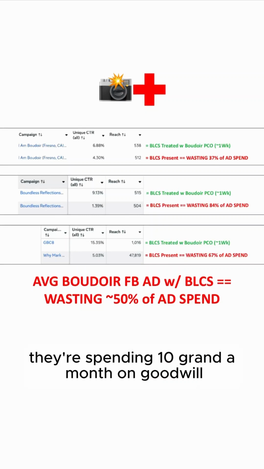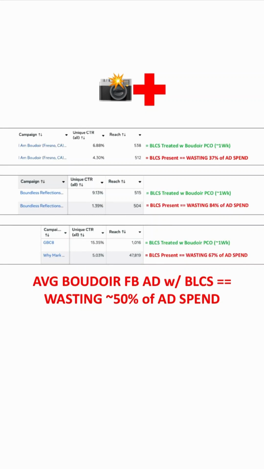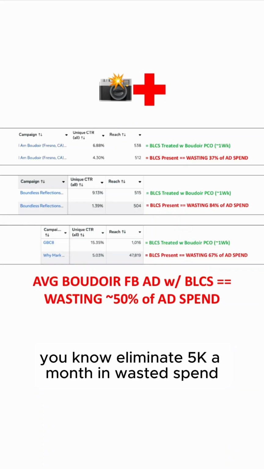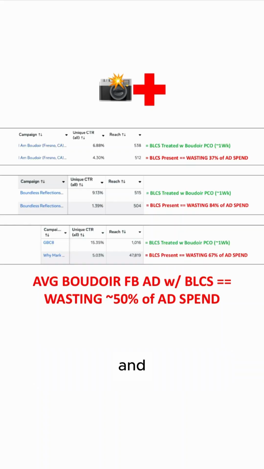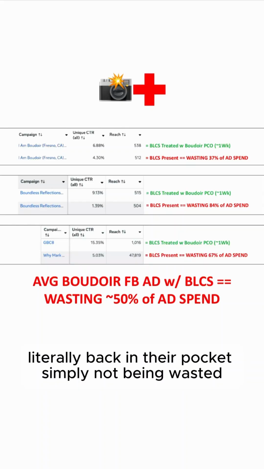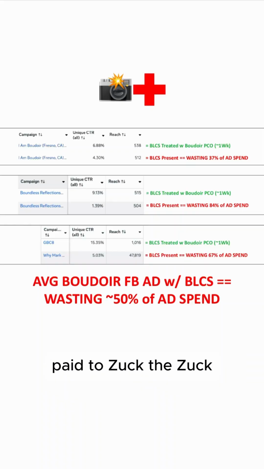If they're spending 10 grand a month on Boudoir Facebook ads, and we can eliminate that wasted ad spend, on average we'll allow them to pocket 5K a month, approximately 60K over the next 12 months. Literally back in their pocket, simply not being wasted, paid to Zuck.